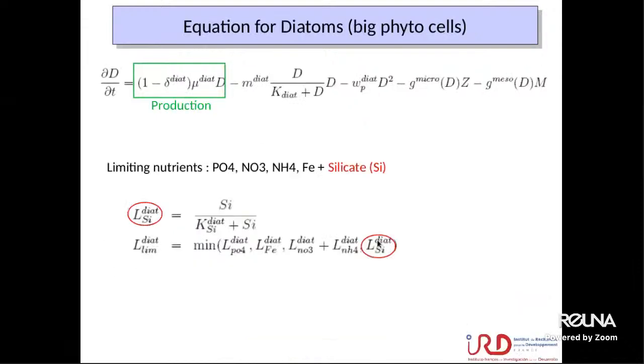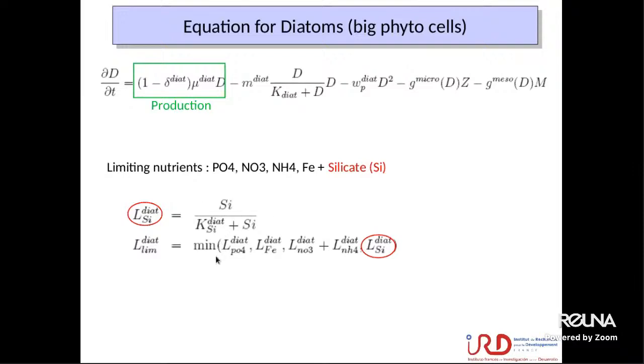Okay, so this was for nanophytoplankton. It's almost the same for the bigger cells, diatoms. It's almost the same equation here. And for diatoms, the difference is that we have silicate also. So we have all these limiting coefficients as before, not with the same constants, of course, but we add one, which is silicate.